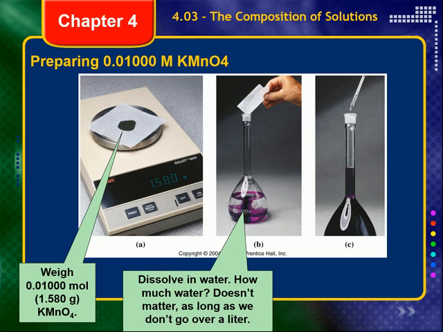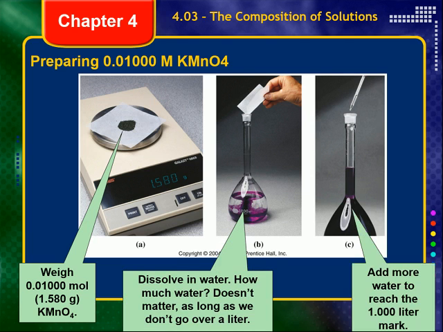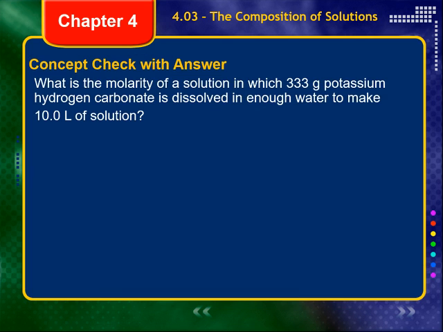Doesn't matter right now, just get it in water. And then lastly, we're going to add water until we reach that 1.000 liter mark. Now we have 1 liter of solution, and it has 0.01000 moles of potassium permanganate. So this is a 0.01000 molar solution of potassium permanganate.